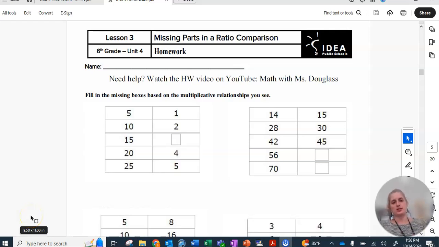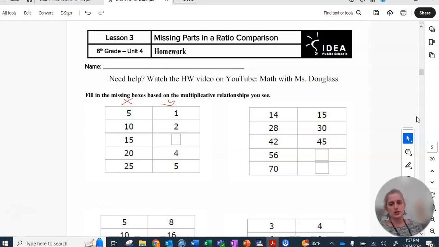Okay, so we have some ratio tables here, and remember that we can only find a relationship multiplicatively, which means only using multiplication or division. Option number 1 is usually the easier option, to see if you can find a relationship between your two columns.